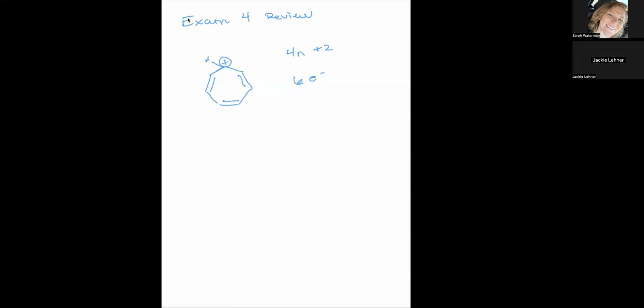It was like the hexane ring, and then there were 2 double bonds, with a double bond and then just a space and then another double bond. And then, what's the question ask?